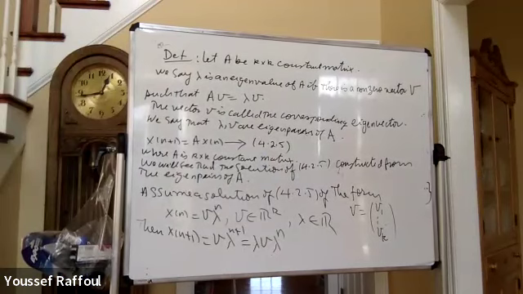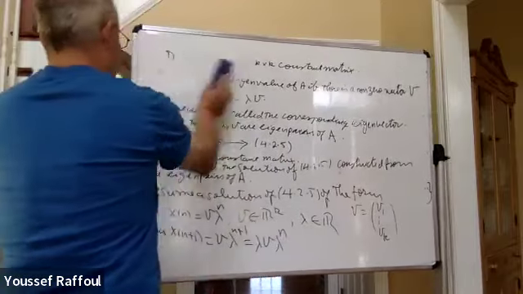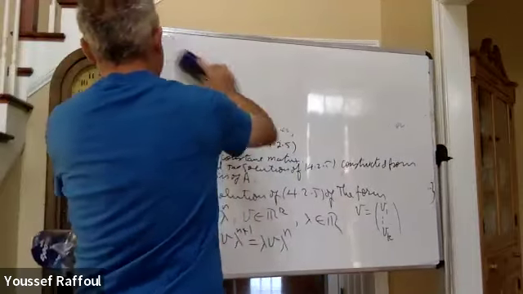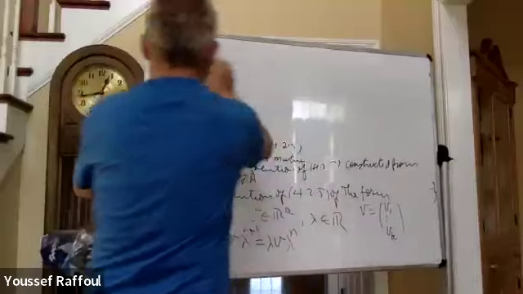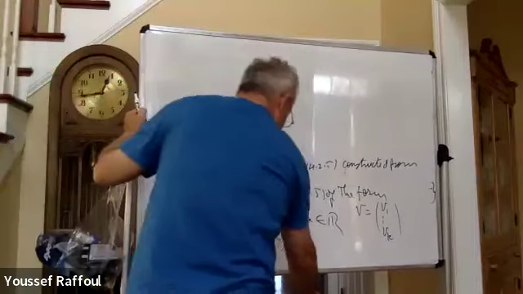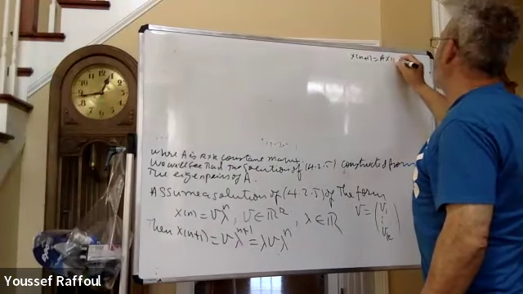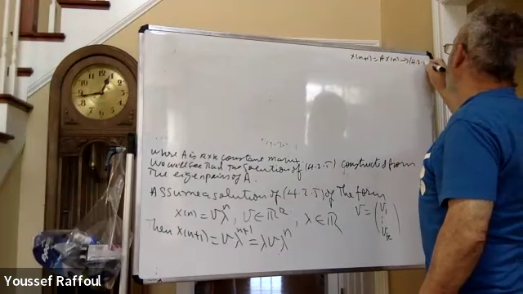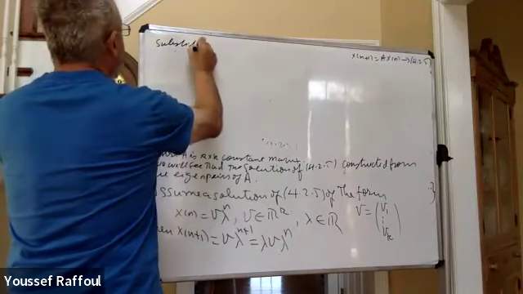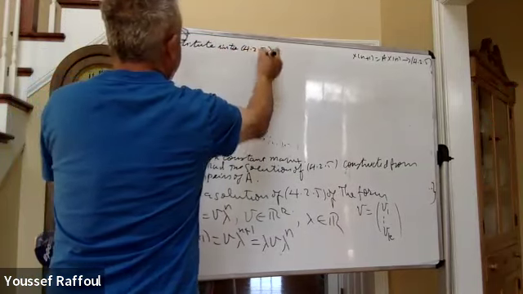Lambda is a scalar. Here is 4.2.5. All right. Substitute into 4.2.5.